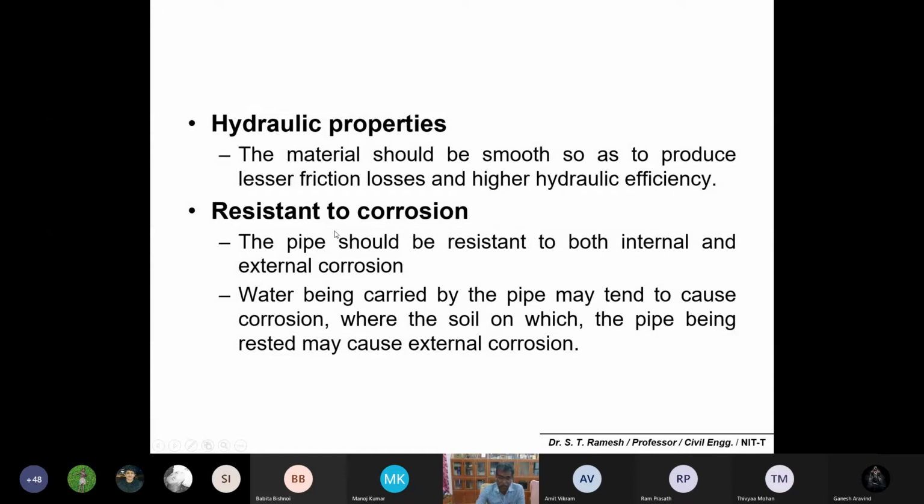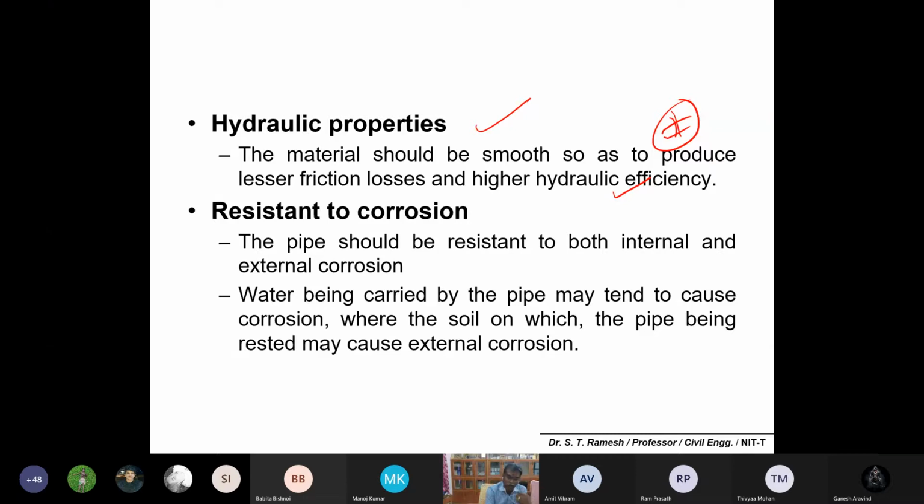The second one is hydraulic properties. The pipe material you select should offer lesser frictional losses and higher hydraulic efficiency. Please make a note on this point. Whatever material you select for your conveyance should not offer more frictional losses.